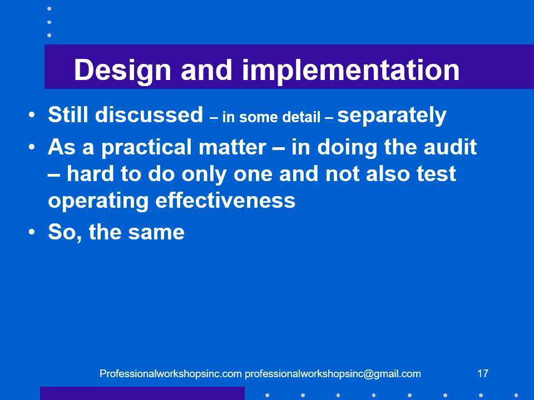But as a practical matter, when you're doing the audit, it's hard to do only design or only implementation and also at the same time not test operating effectiveness. And remember that inquiry and observation, for instance, which you're going to be doing as you think about design and implementation, are ways that you test operating effectiveness. So this is the same as it was before in a little bit more detail.